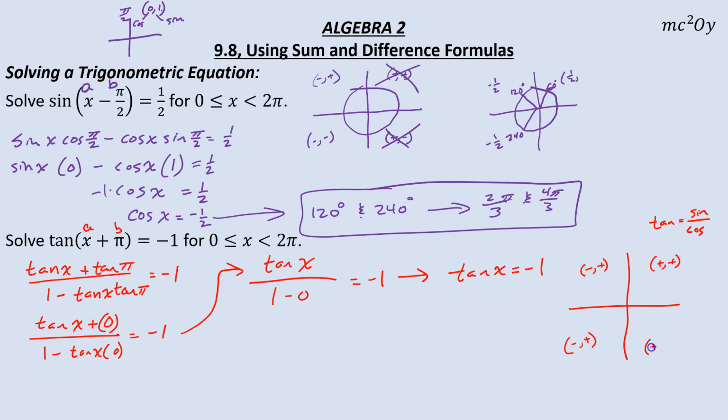That happens in quadrant 4 and quadrant 2. So to get 1, that's going to happen at your 45-degree angles. So every 45, or halfway in this quadrant, we have 45, 90, 135. So at 135 degrees, we're going to get negative 1. We're going to get negative root 2 over 2 over root 2 over 2. So at 135 degrees. And then down here, we keep going. This would be at 315 degrees.